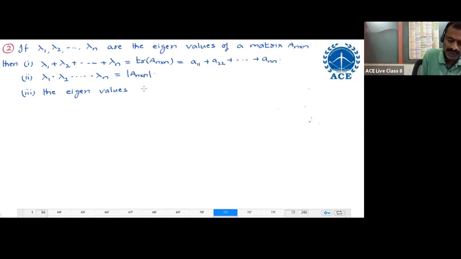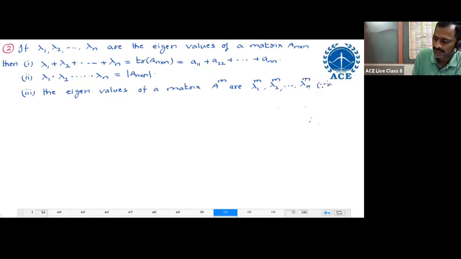The eigenvalues of a matrix A power m are lambda 1 power m, comma lambda 2 power m, and so on, lambda n power m, since m belongs to capital N, that is, the power should be a positive integer power.